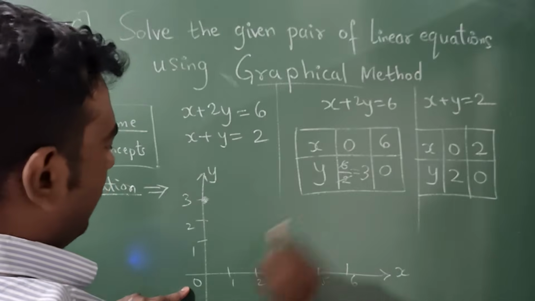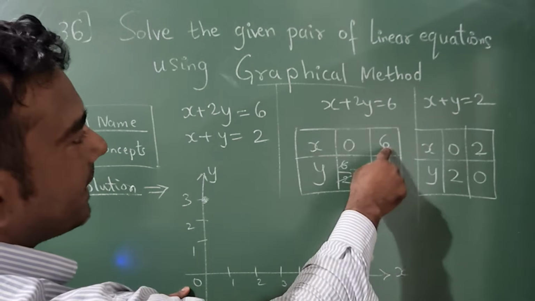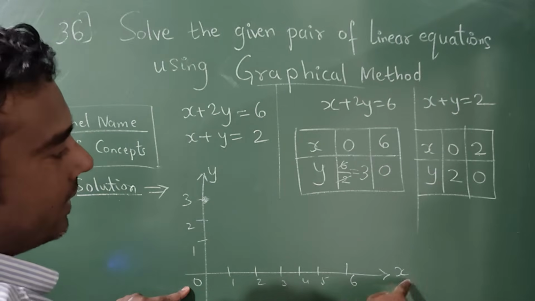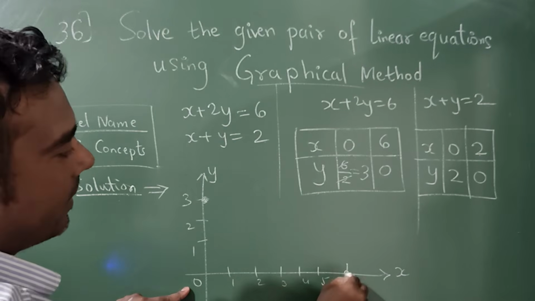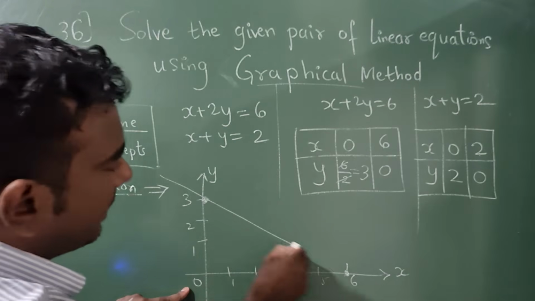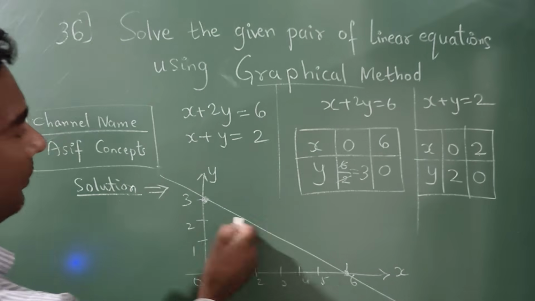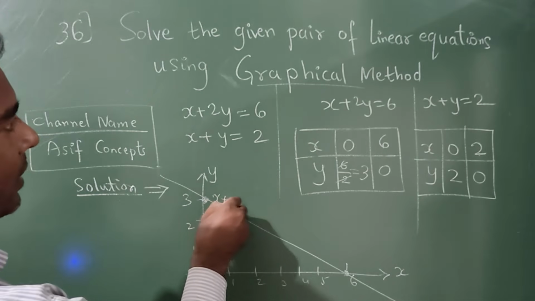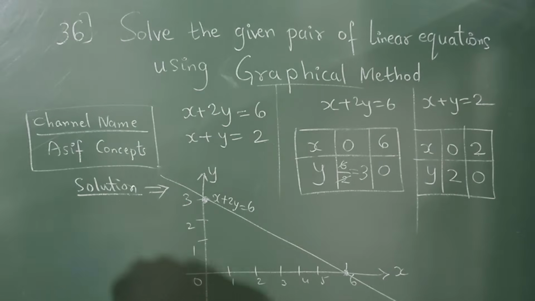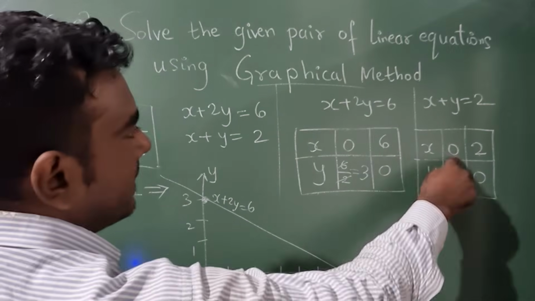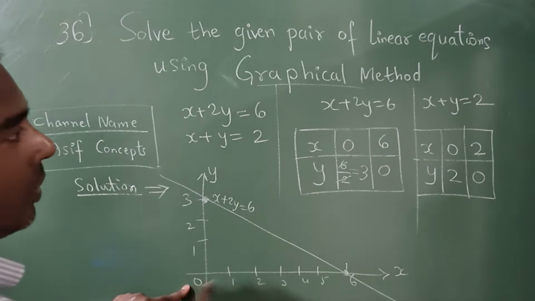Now y is 0, again start from here. The x-axis is 6. You can see here x is 6. Mark here. Draw a line with a scale and write here x plus 2y is equal to 6. Next, x is 0. Start from here.